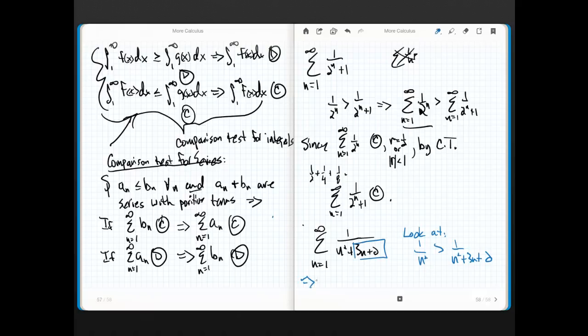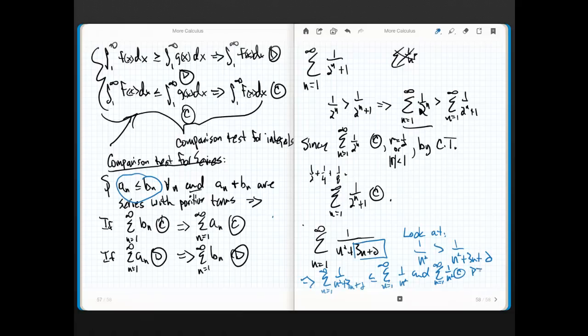This implies that the sum, as n goes from 1 to infinity, of 1 over n squared plus 3n plus 2 is less than, we don't even need less than, do we? We need less than or equal to. So I could even say less than or equal to the sum, as n goes from 1 to infinity, of 1 over n squared, and the sum of 1 over n squared converges.